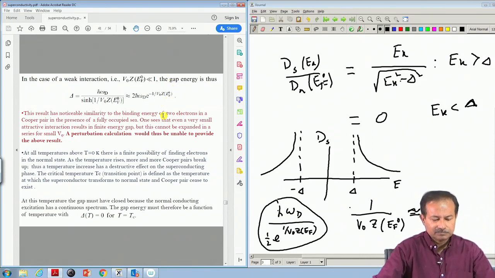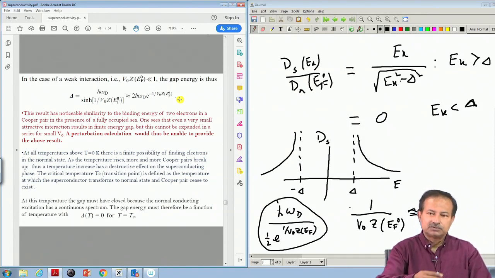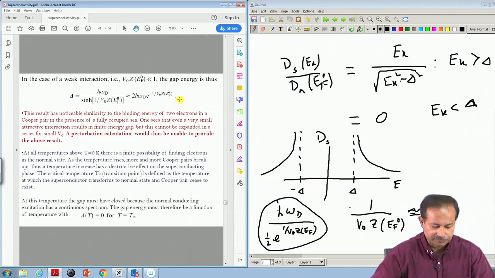If you take any order of expansion, it will not work. So, a perturbation calculation would thus be unable to provide this result. That is one important issue you should remember, and that is actually one of the reasons many of the perturbative calculations had failed to account for this theory, the correct theory for the superconductors. Okay.